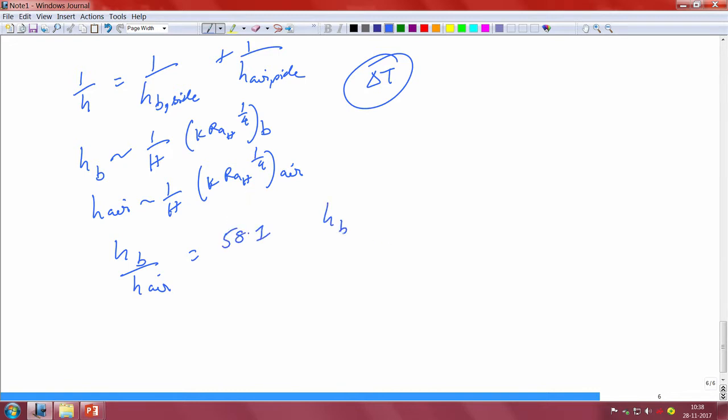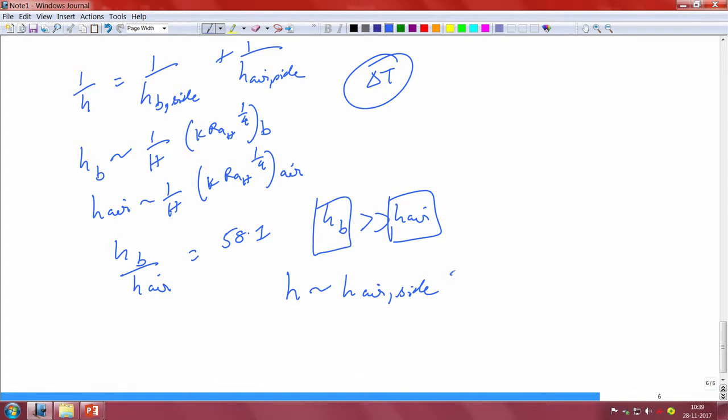So, this means that h_b is much greater than h_air. So, your 1 by h is almost the same as 1 by h_air, right. So, essentially that is the case. So, your h, the overall heat transfer coefficient, is basically therefore h of the air side, right, because it is a 1 by h sum.